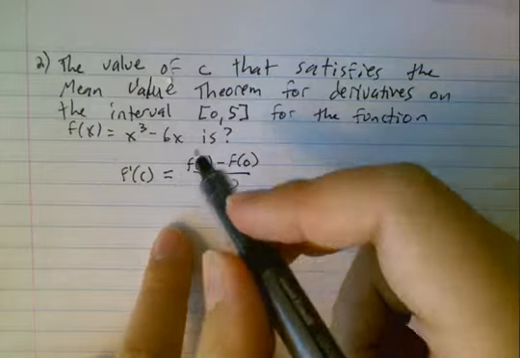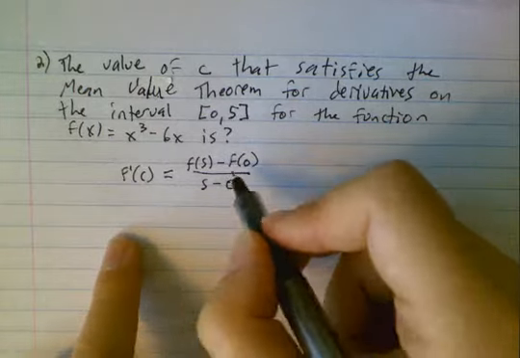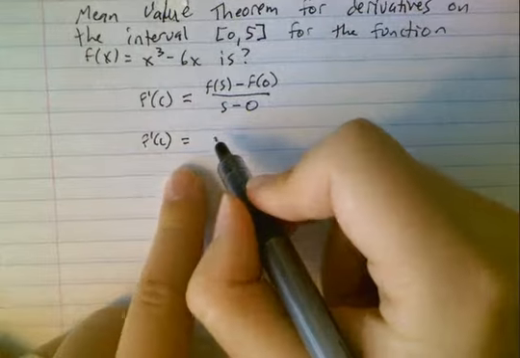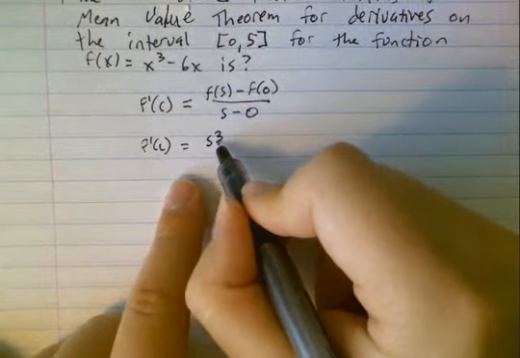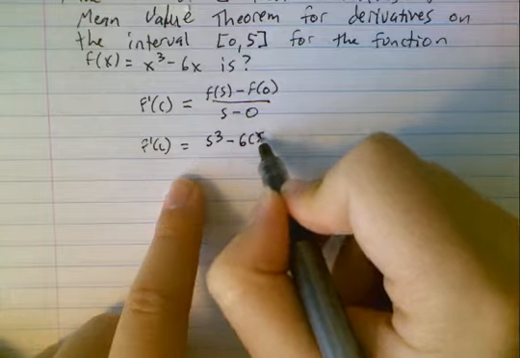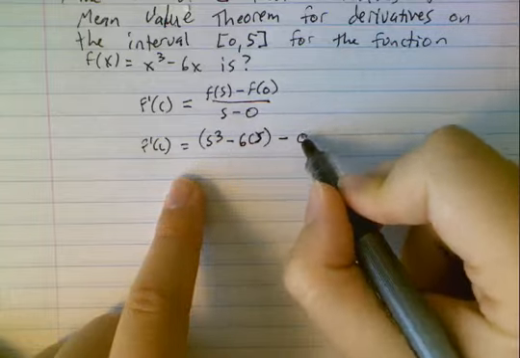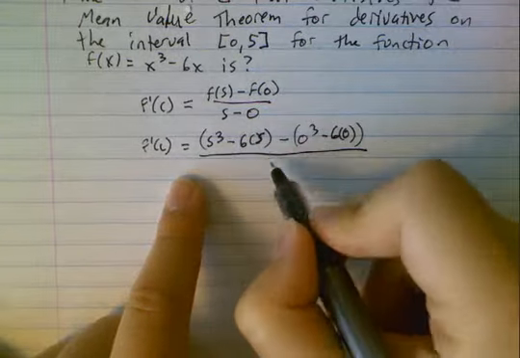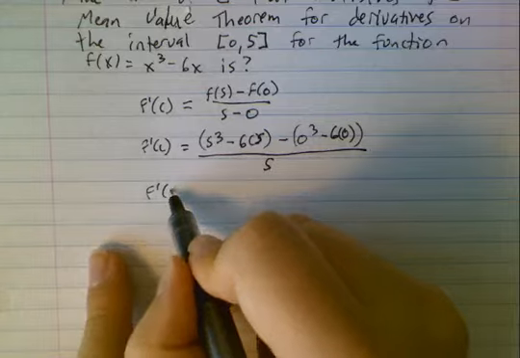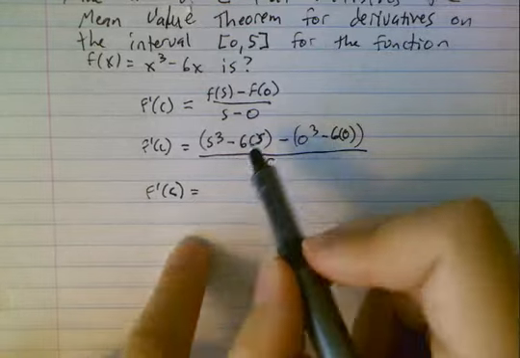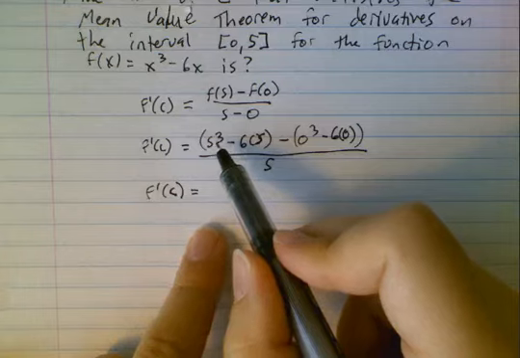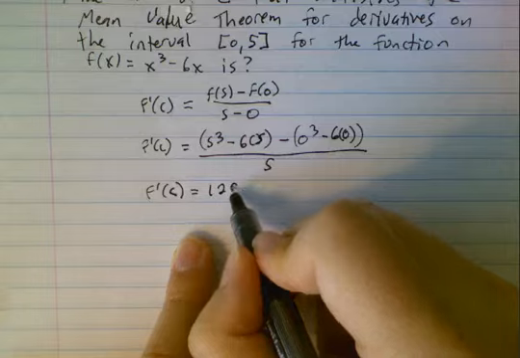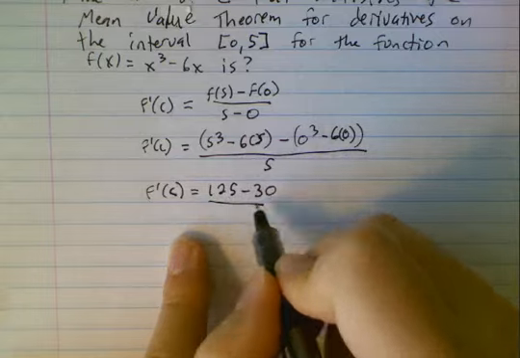So we can find f of 5. That's going to be 5 cubed minus 6 times 5 minus 0 cubed minus 6 times 0. 5 minus 0 is just 5. So this is 125 minus 30 all over 5.